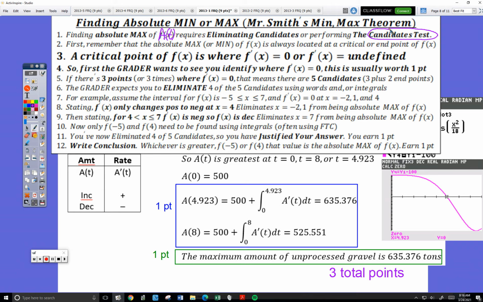So we have to remember that the absolute max of A, so that's going to be A. So we should write A instead of scribbling it out.